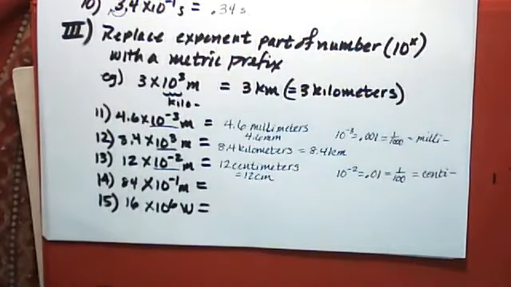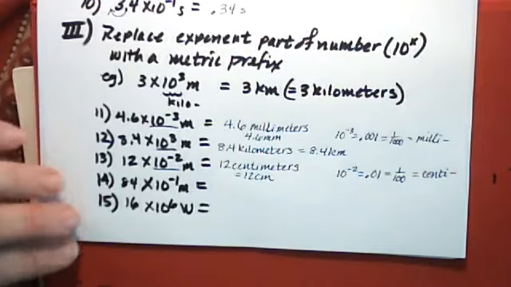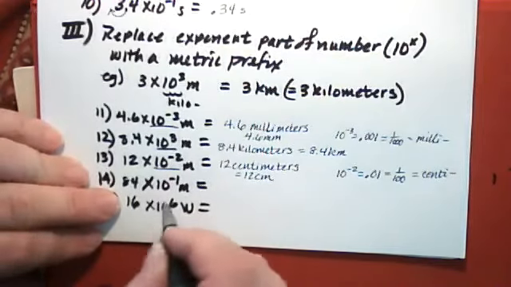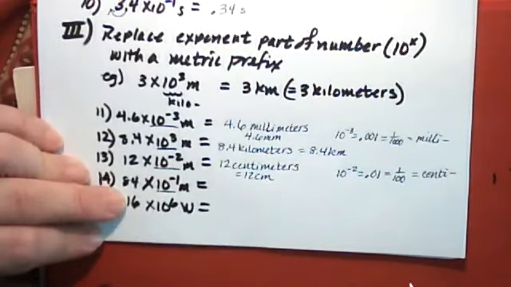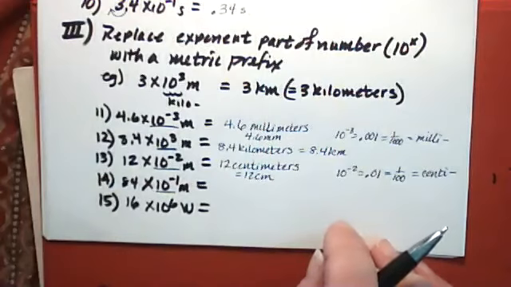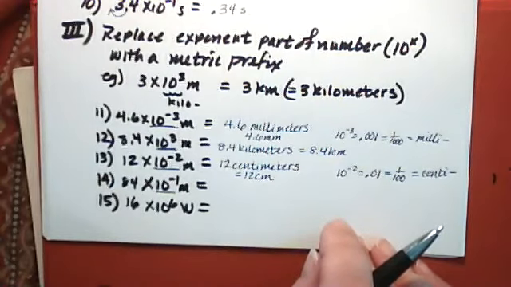And then in the next one, we have 84 times 10 to the minus 1. 10 to the minus 1 is deci. That is a prefix that's not used all that often, oddly enough.